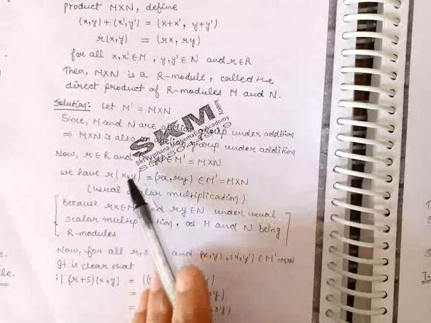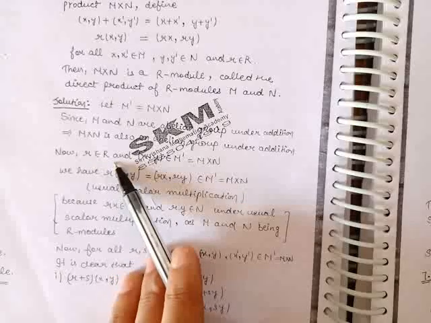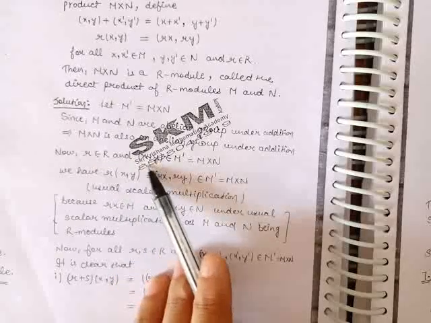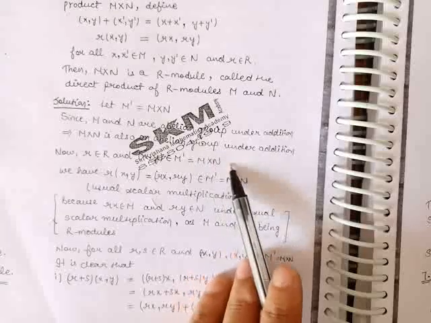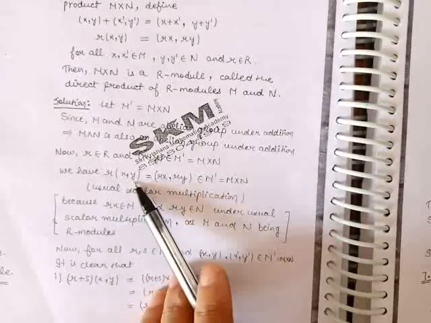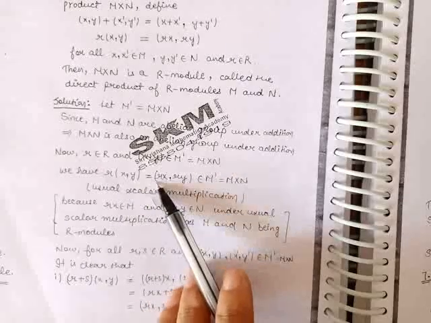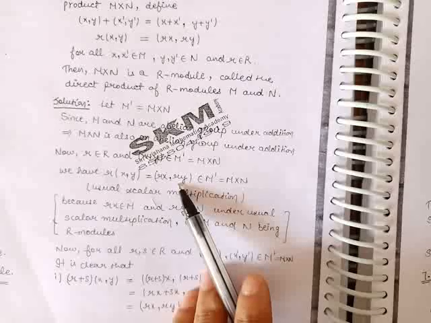Now for the scalar multiplication, let us take an element r from the ring R and an ordered pair (x, y) from M cross N. We define r into the ordered pair (x, y) as the ordered pair formed by rx and ry.